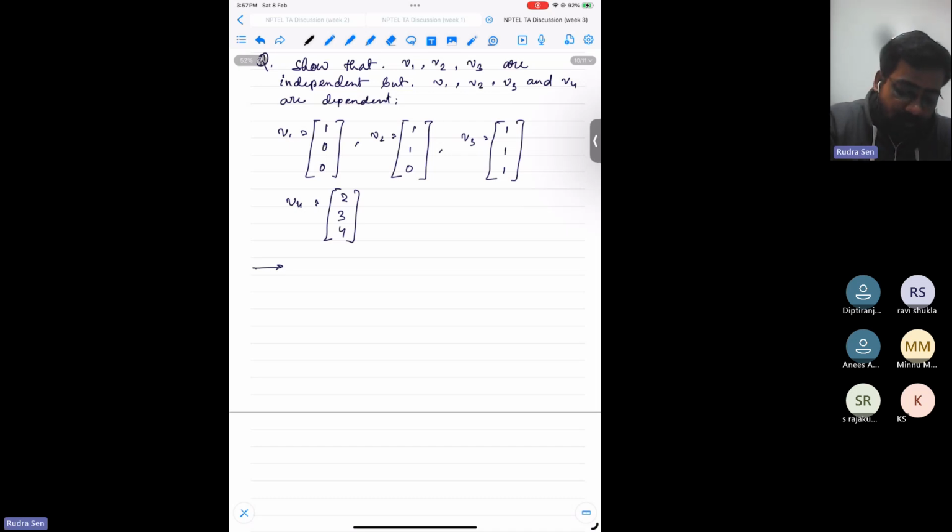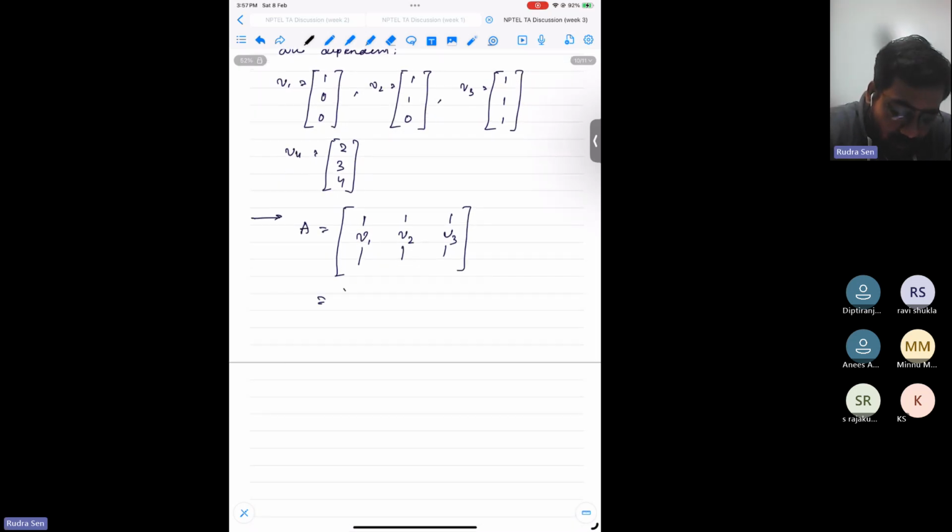So the first process is to put all those vectors in a matrix A where the columns are V1, V2 and V3. So it is 1, 0, 0, 1, 1, 0 and 1, 1, 1.